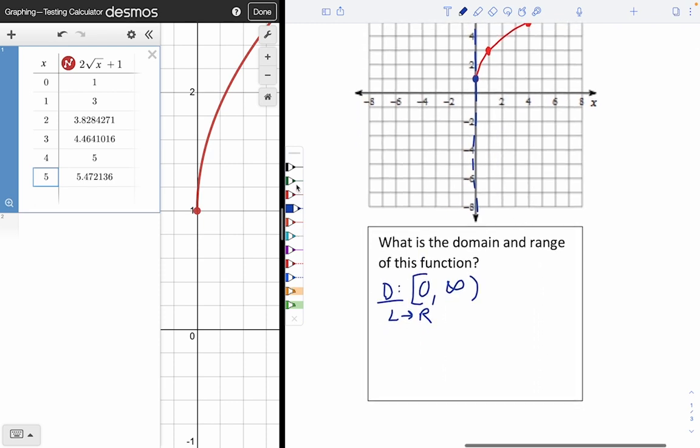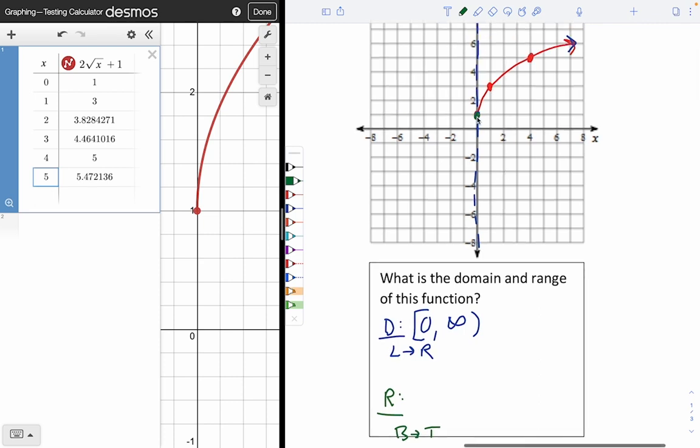Next, my range. My range is bottom to top, my y values bottom to top. So you find the bottommost point, and what's its y value? Here's my bottommost point. What y value does it have? 1.